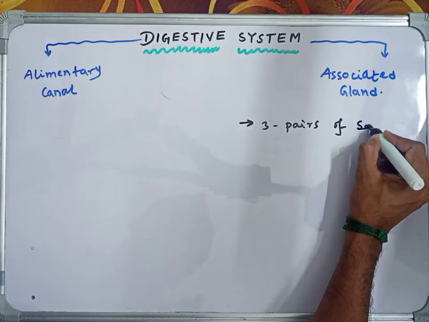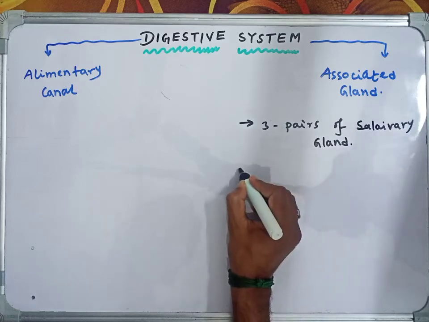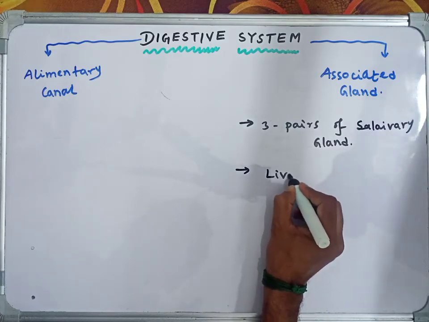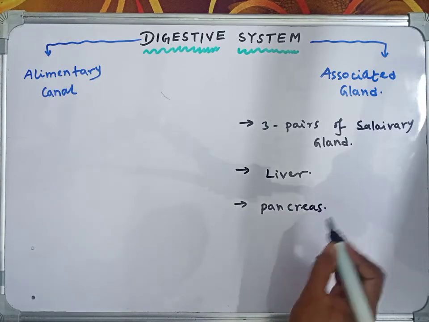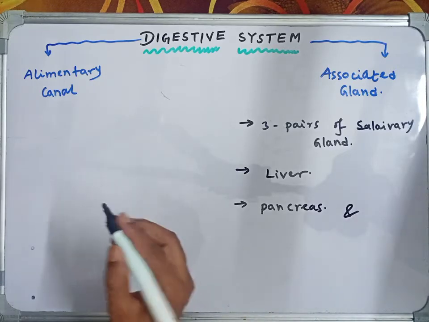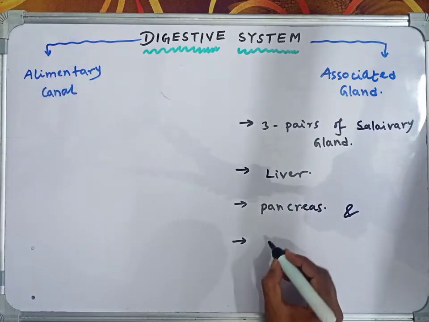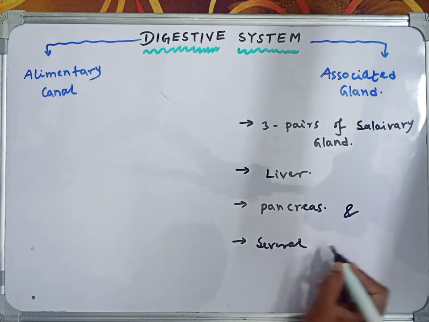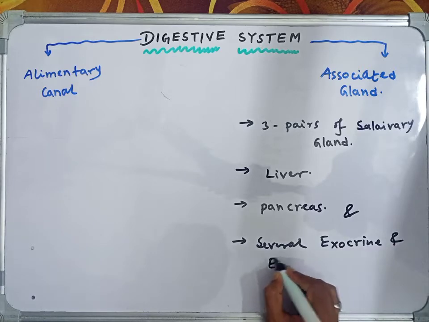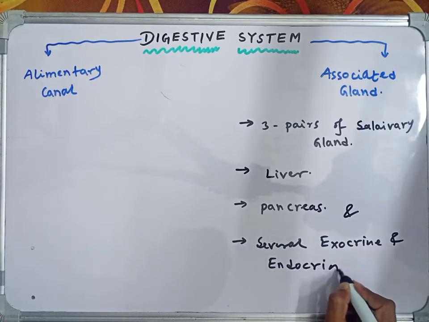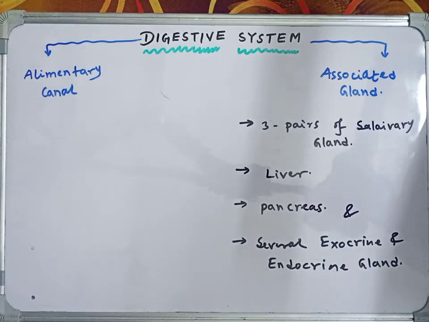And a large liver, pancreas, and several exocrine and endocrine glands present in different parts of our alimentary canal, right?